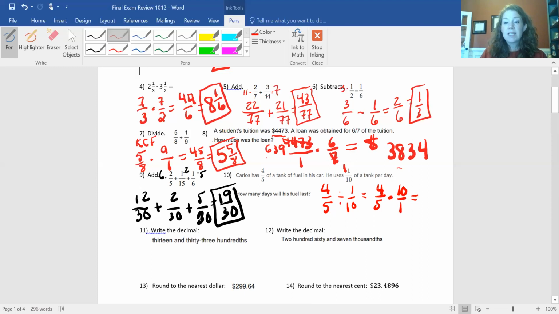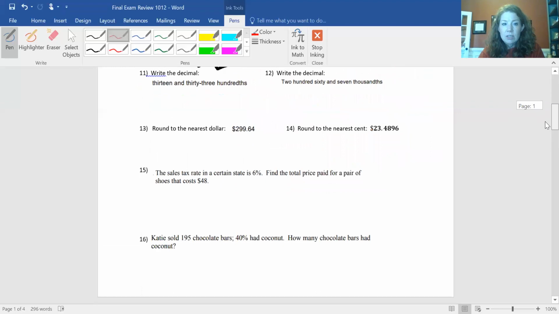Well, 4 and 1 can't be simplified, but 5 and 10 can. I can divide 5 and 10 both by 5. So 5 divided by 5 is 1. 10 divided by 5 is 2. My denominator is now 1. So now all I have to do is multiply. 4 times 2 is 8. So 8/1 is 8.